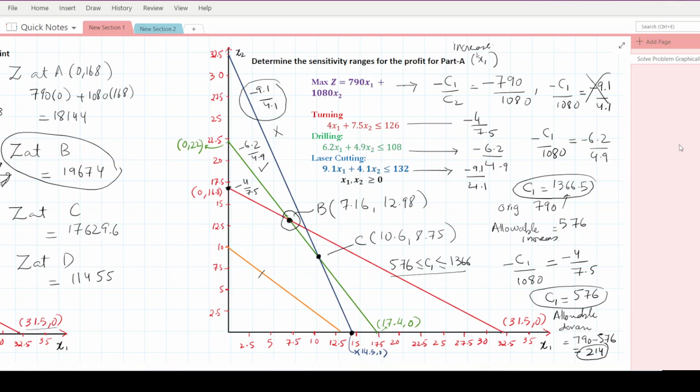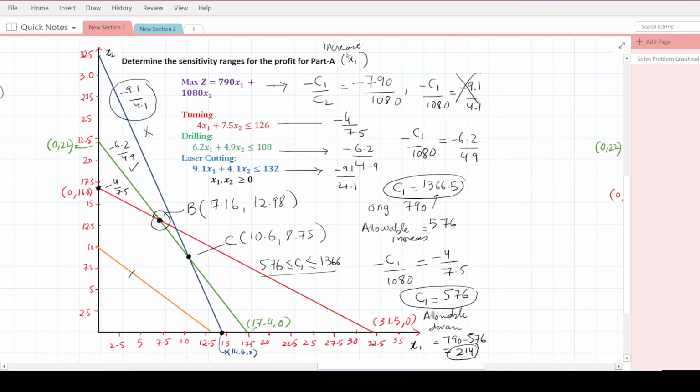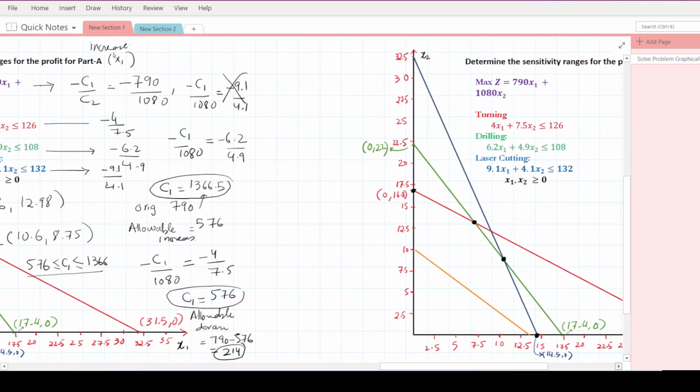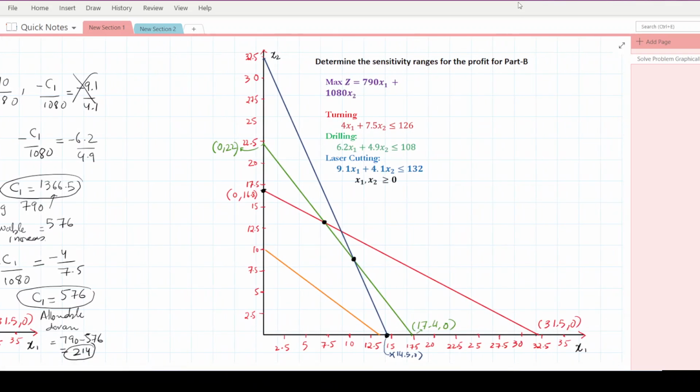Now let's see what happens when we are trying to find the sensitivity range of x2. Here we are finding the sensitivity range for part B, and part B is on the x2. We know when the coefficient of x2 increases, the line becomes flatter, and when x2 decreases, it becomes steeper.